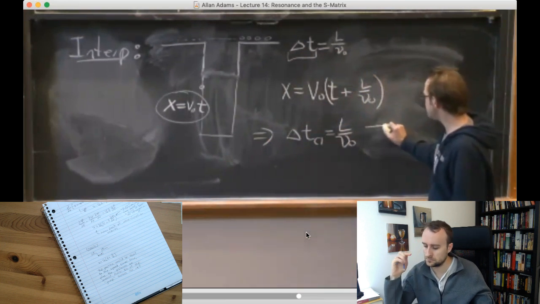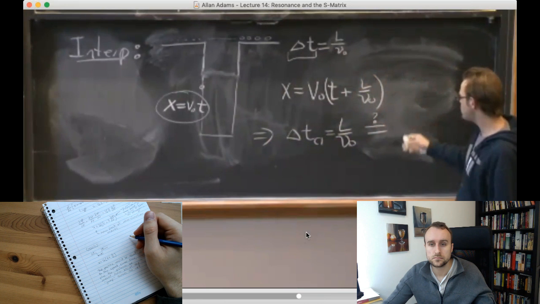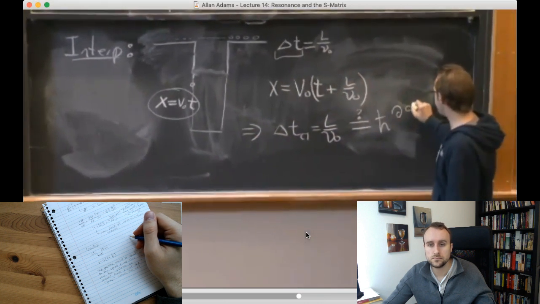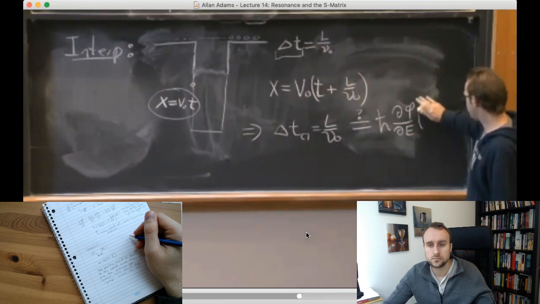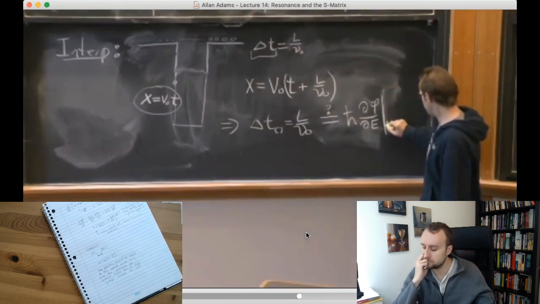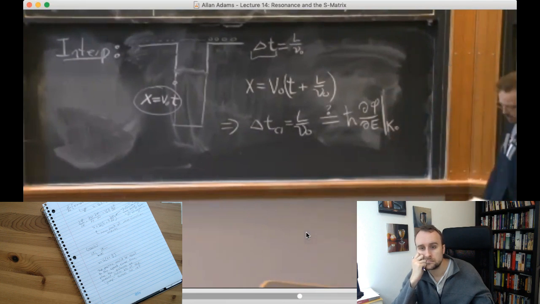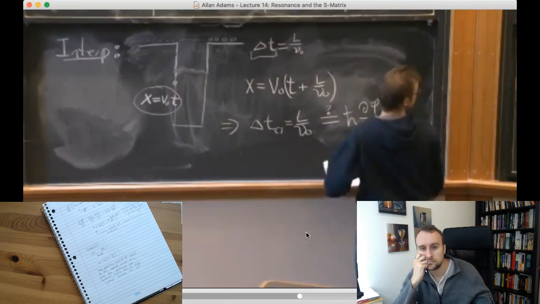And the question is, is this the same? So one way to phrase this question is, is this the same as h bar d phi dE evaluated at k naught?